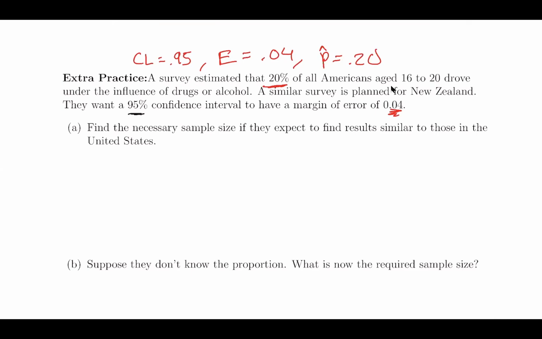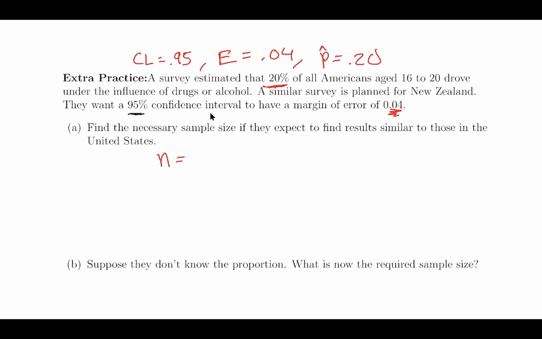So for part A, it says find the necessary sample size if they expect to find a result similar to those in the United States. So we have to find the sample size, so we have to say n. And which formula should I use? Should I use the formula where I know p hat, or the formula where we don't know what p hat is equal to?